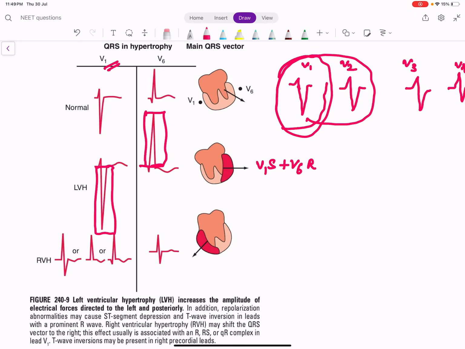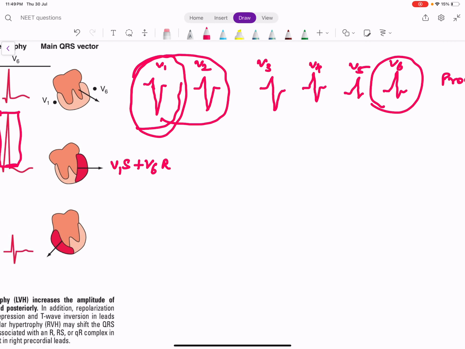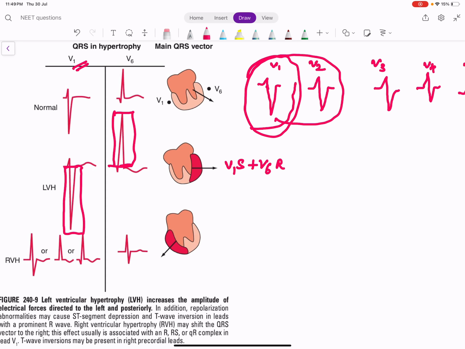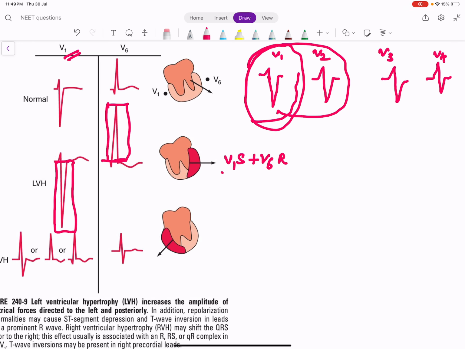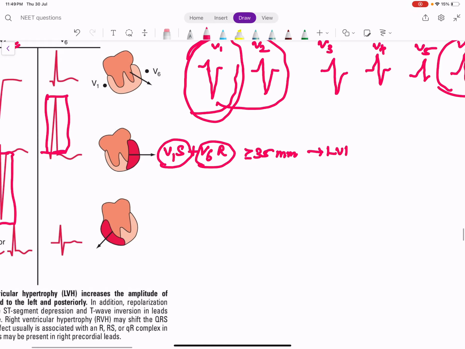So if V1 is tall, it means the right ventricle is hypertrophic. If V6 is tall, it means the left ventricle is hypertrophic. So V1 will have the opposite of LVH: a deep S wave, and V6 has a tall R wave. If the combination is more than 35 millimeters or 35 small squares, LVH is there.